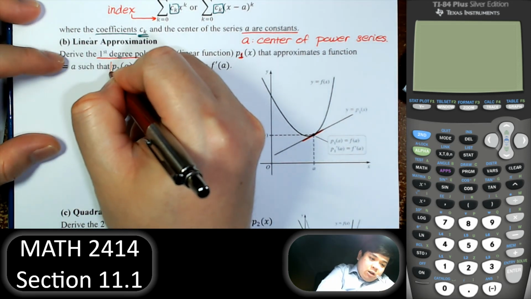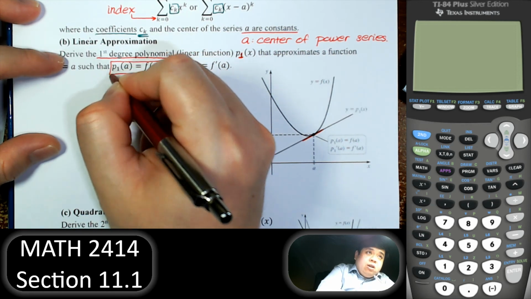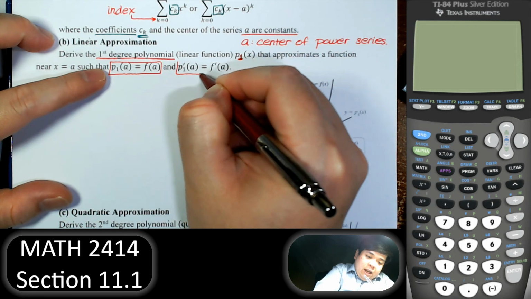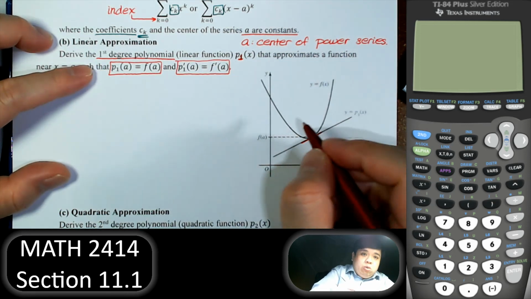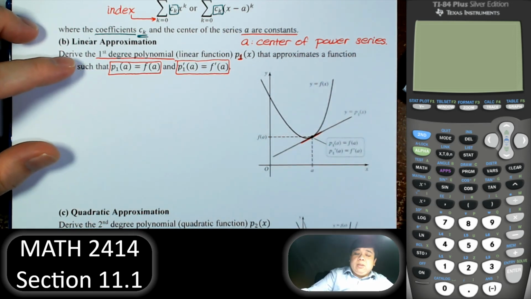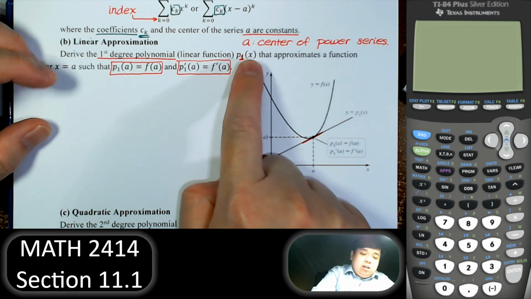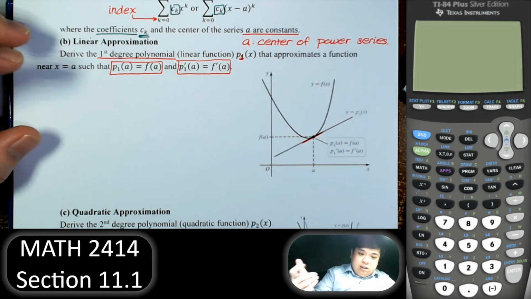The values of the linear function are the same as the function, and the derivative will be the same as well. So we know the values of the function and we know the slope. Right, so how do we come up with the equation of the tangent line, P sub 1 of x?